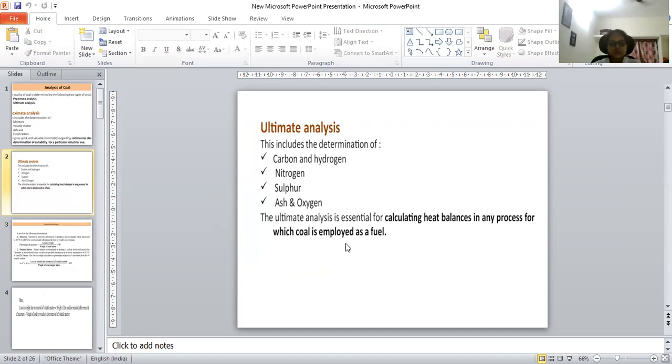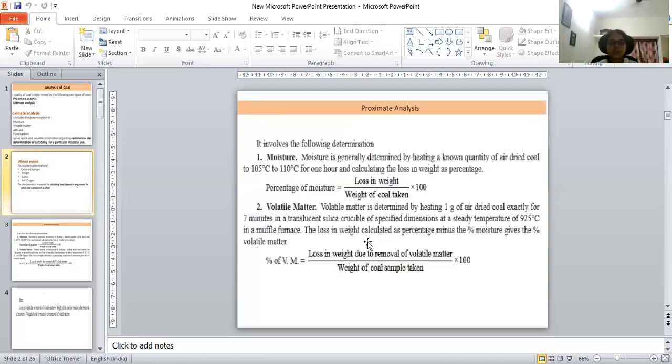By using this analysis, we can determine the elements, so it is also called elemental analysis. This ultimate analysis is essential for calculating heat balances in any process for which coal is employed as the fuel. This is about ultimate analysis.